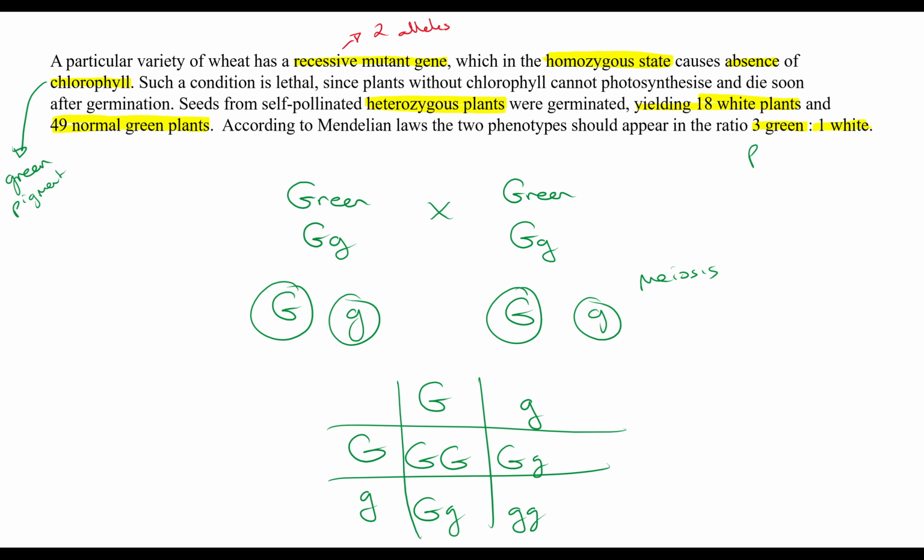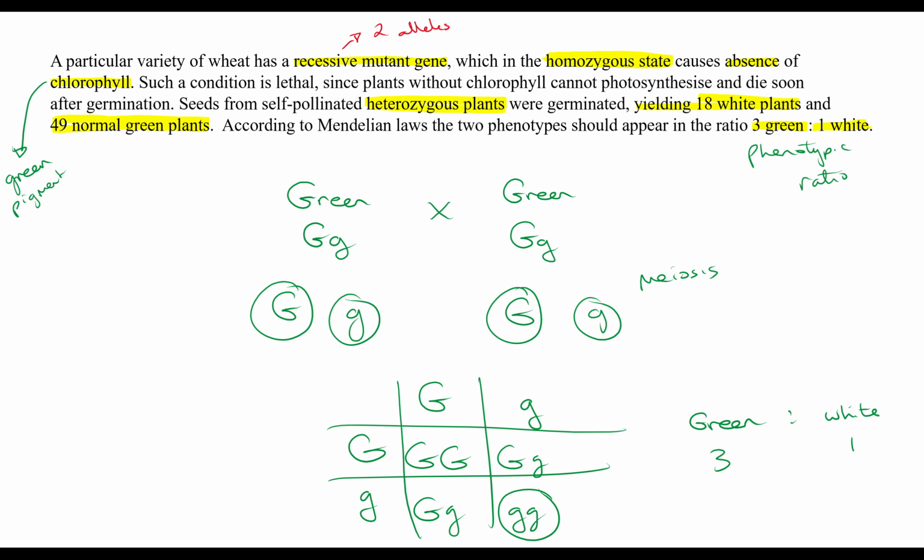Now this is a phenotypic ratio, and it's important to note because my genotypic ratio would be slightly different. So my phenotype would be green to white, and you can clearly see that I have got 1 white and 3 green.